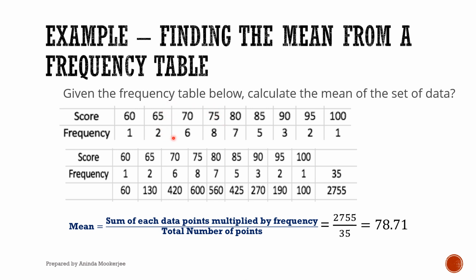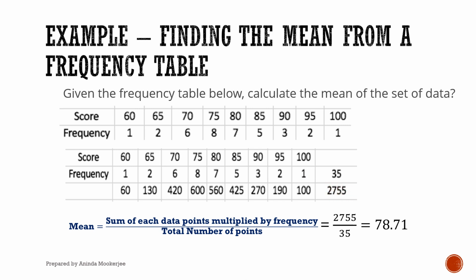We do the same thing here, except we just multiply each score or each value by their respective frequencies. So 60 times 1, 60. 65 times 2, 130. 70 times 6, 420. So here we are performing the multiplication of the scores with their frequencies, and then we are summing up.